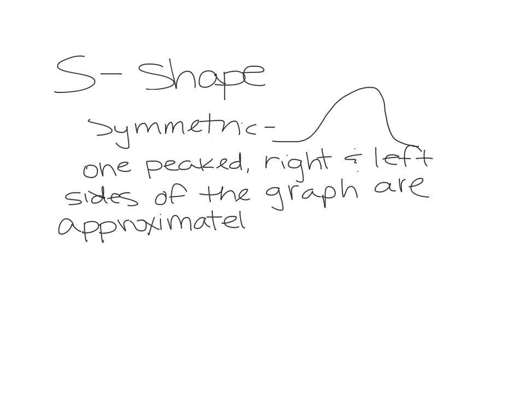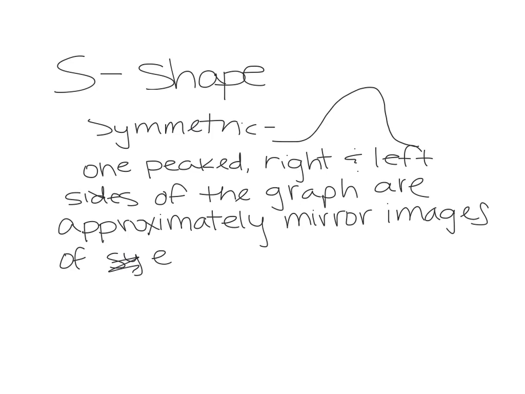Everything's kind of iffy. So approximately mirror images of each other. So if I was going to describe the shape of a graph, I would say it's single peaked and symmetric. And that would be good. This is just the definition of the right and left sides of the graph. But you do need to say single peaked or one peaked because it could be bimodal and still be symmetric.